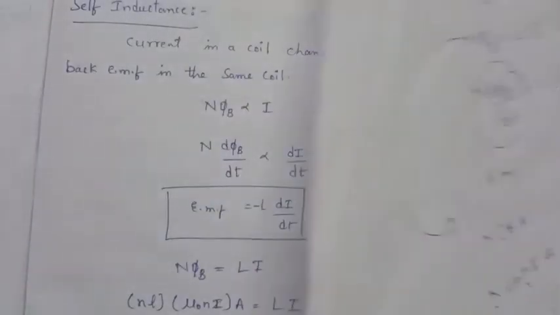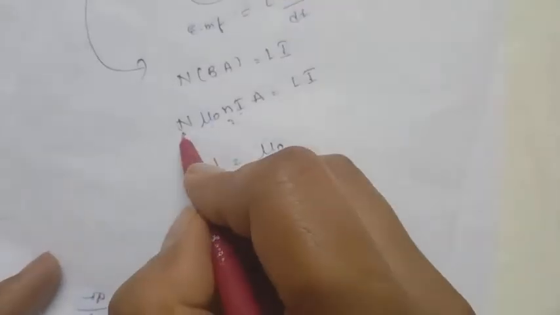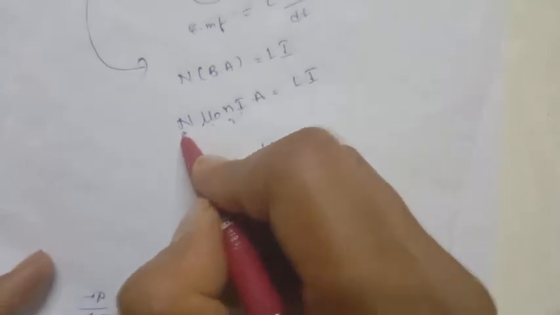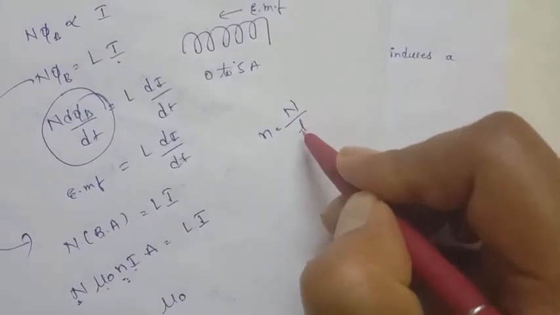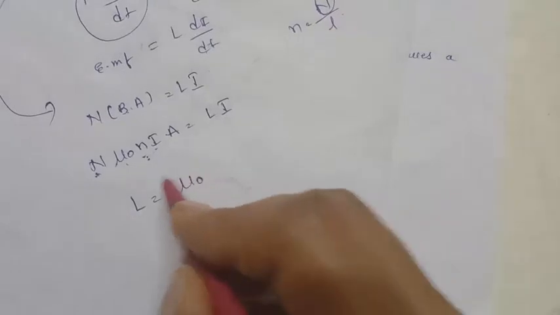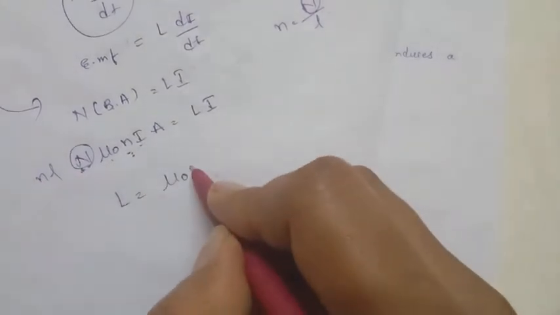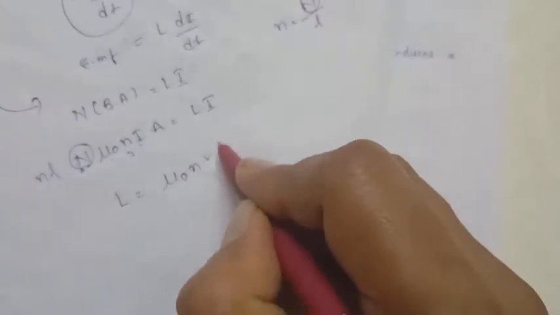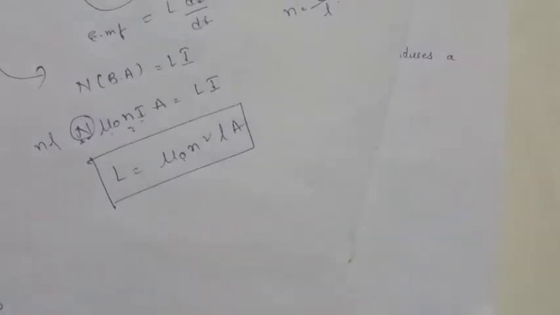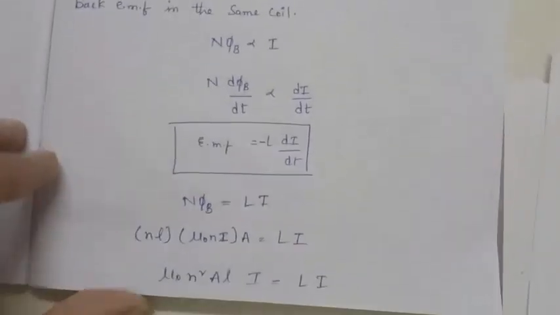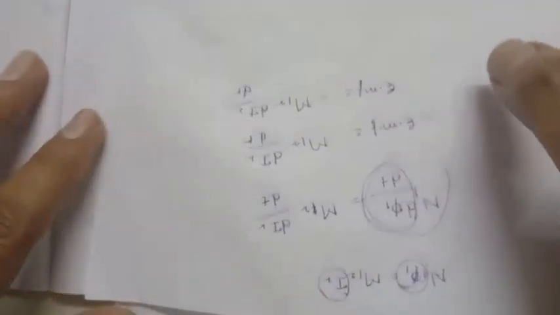Capital N can be written in terms of small n: small n is equal to capital N by l, so capital N is equal to small n into l. Replacing this term, we get mu naught n square l A as the self inductance.